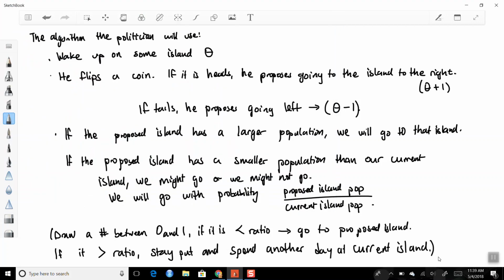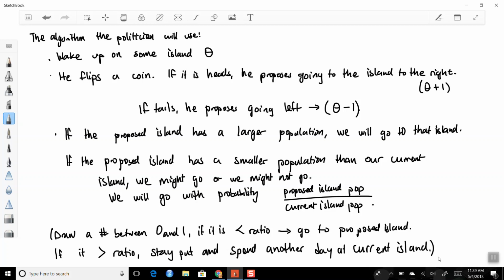So the politician will propose, say, I'm currently at island 4, we flip a coin, and let's say it lands heads, and it says, all right, let's propose island 5. And we go, oh, island 5 is bigger than island 4, we will go there for sure, okay? On the other hand, if we wake up on island 4, we flip a coin and we get tails, we'll say, oh, it's proposing going to island 3.